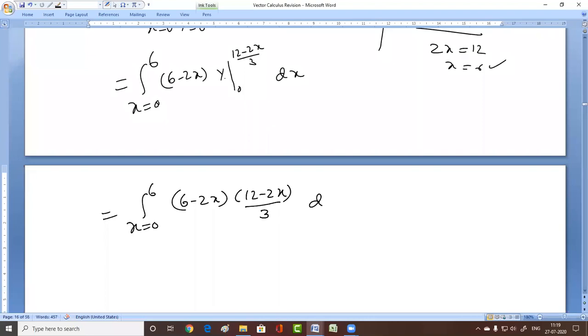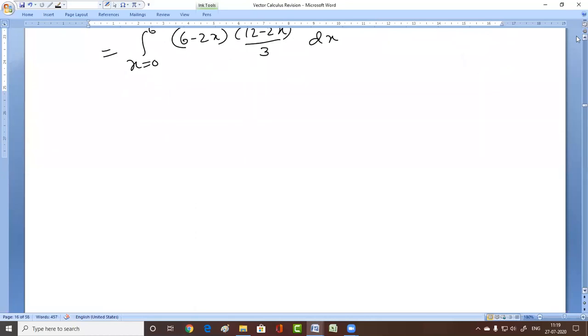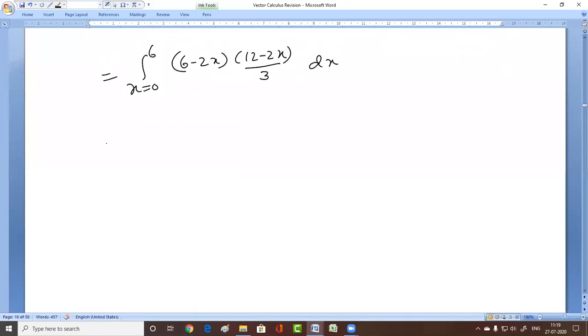If you put y equals 0, it gives 0, so I substitute only the y term; just for understanding, I will take the square bracket. Now it is ordinary integration, very simple. Taking 2 common, we get 4 by 3 times the integral for x from 0 to 6.